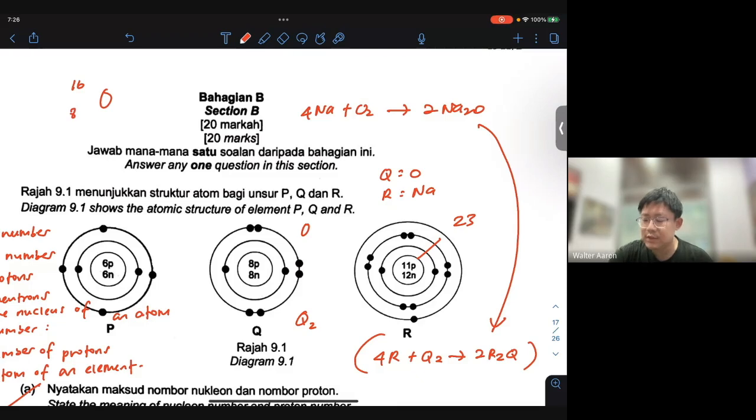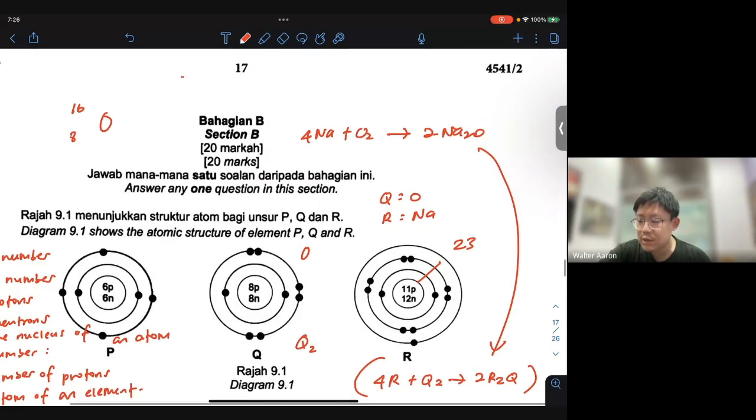Q has a similar standard representation as well, which is also 16-8. So it will form a diatomic gas, meaning it must be in a molecule form, because to be stable, to achieve octet electron configuration, 2 atoms of Q must come together and share 2 electrons to achieve octet.